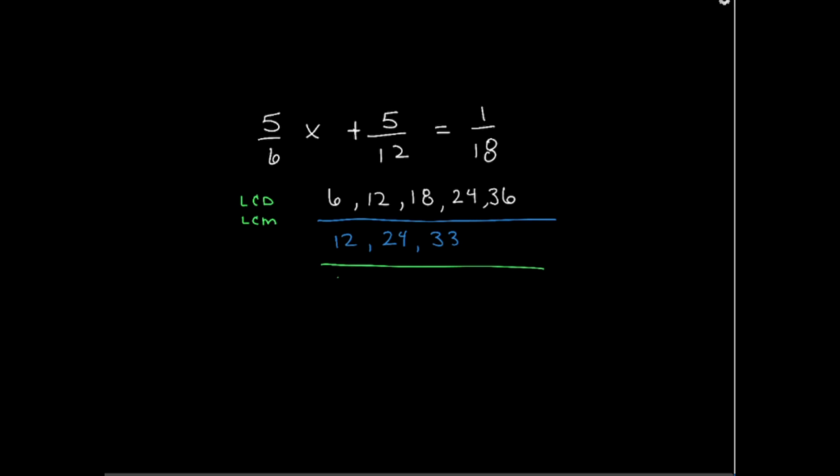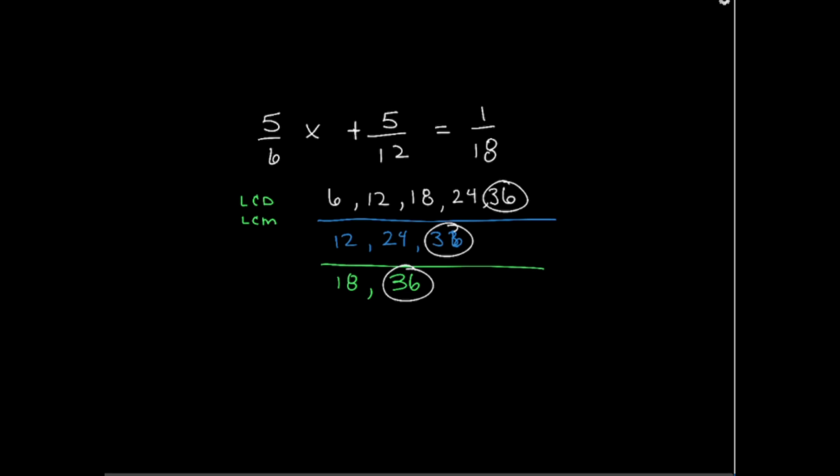And if you look at 18, 18 times 1 is 18. And then 18 times 2 is equal to 36. Oops, I see I wrote 33. That should be 36 there. Excuse me. So what this is saying is my least common multiple between all three of them is 36.